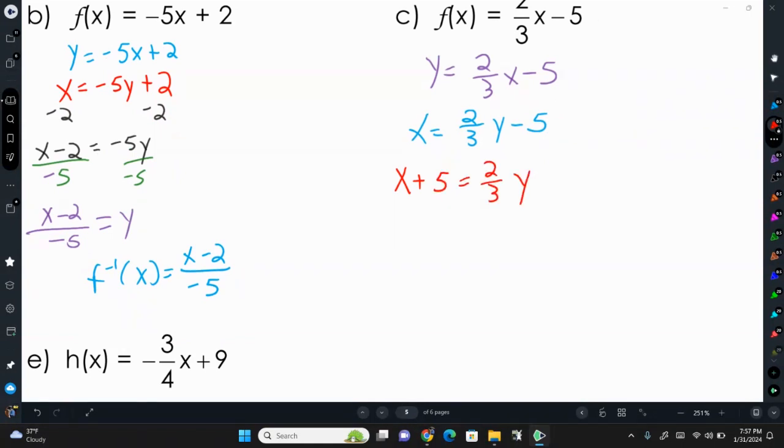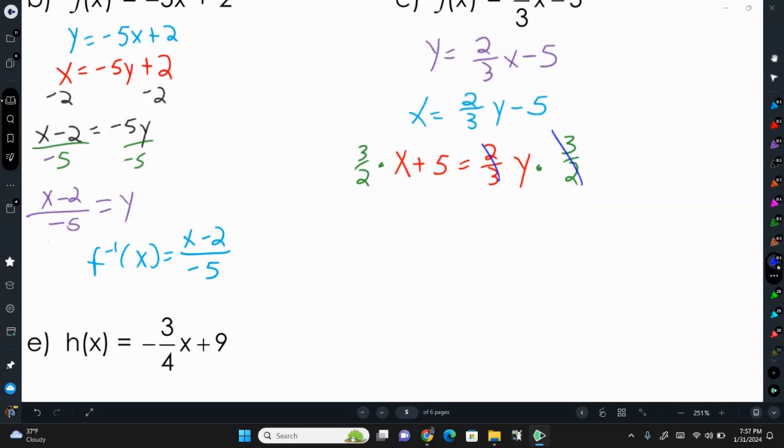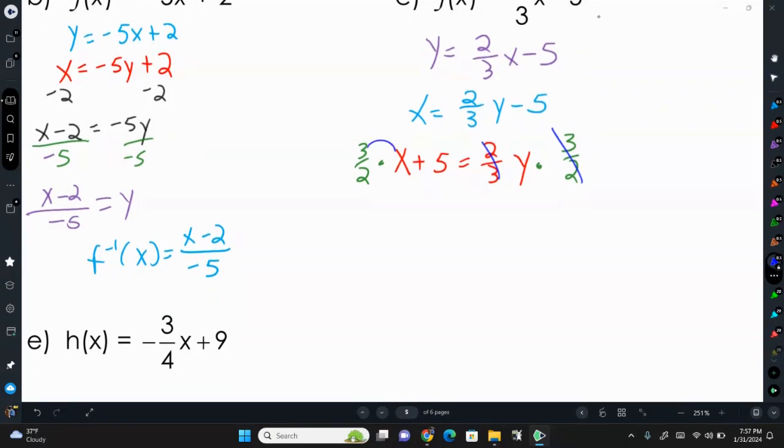Now to get rid of that 2/3, we have to multiply both sides by the reciprocal, so 3/2, because that will get rid of the 2/3 in front. So this 3 needs to be distributed to both things. So it's going to be 3x plus 15 over 2 equals y.